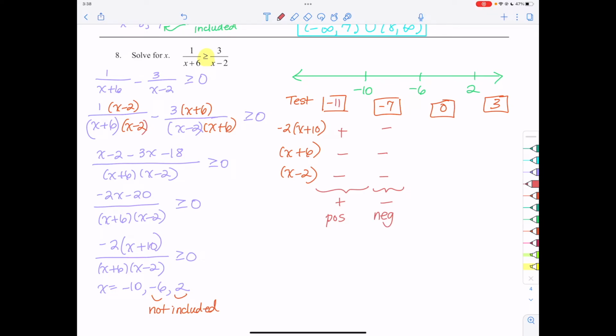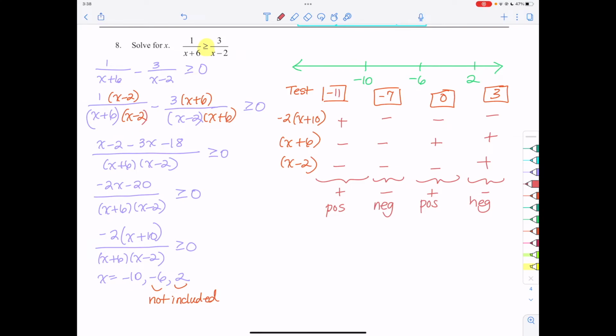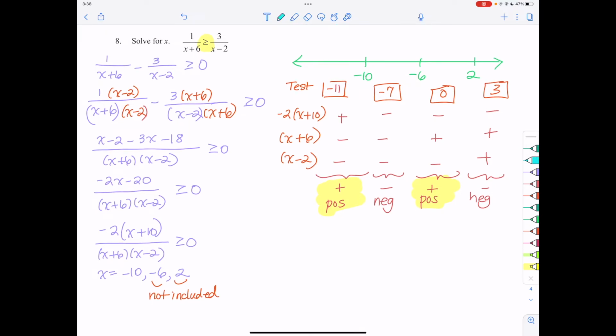And then plugging in a 0, we have a negative, a positive, and a negative. And of course, we're going to be positive. And then plugging in a 3, a negative, a positive, and a positive. So we're going to have a negative. Okay, so remember, we're looking for greater than or equal to. So we want these two intervals. So we will have negative infinity going all the way to negative 10.